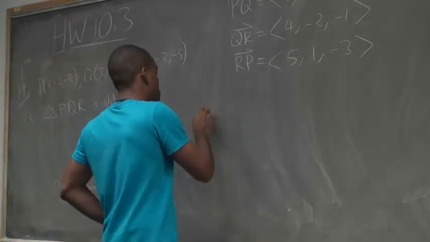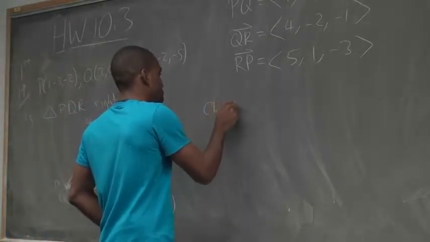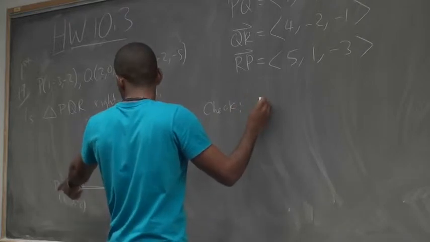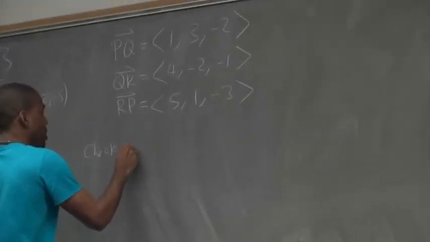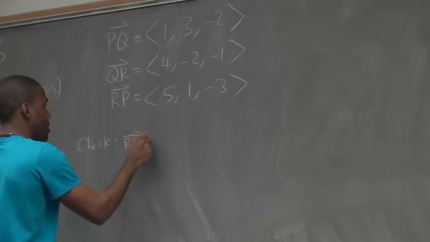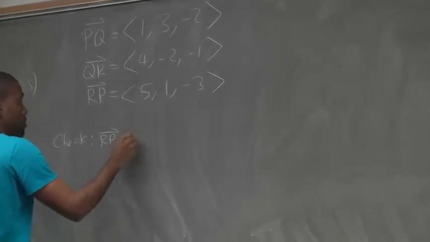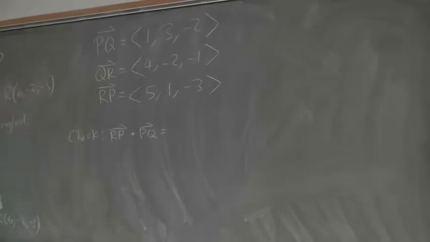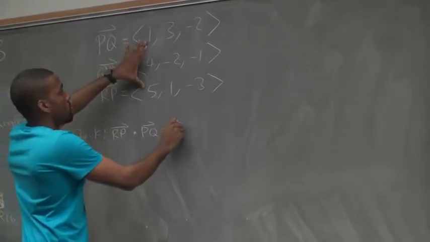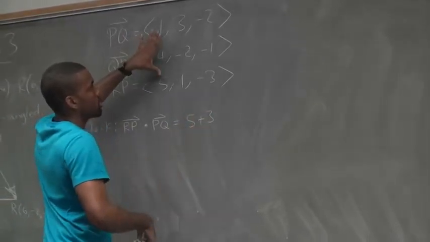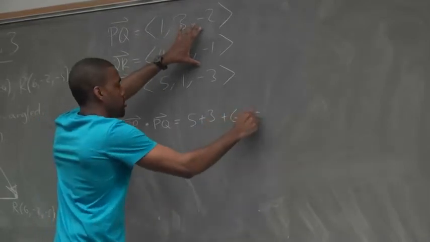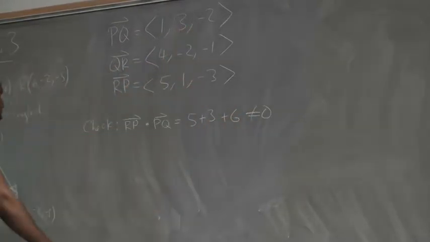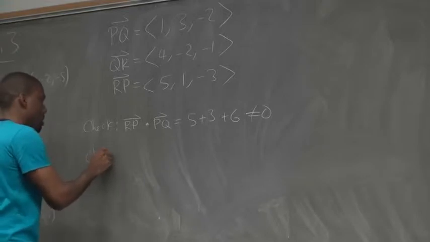So then, if you check RP dot product with PQ, what would you get? 5 plus 3 plus 6, not 0. Okay, so let's check another angle.